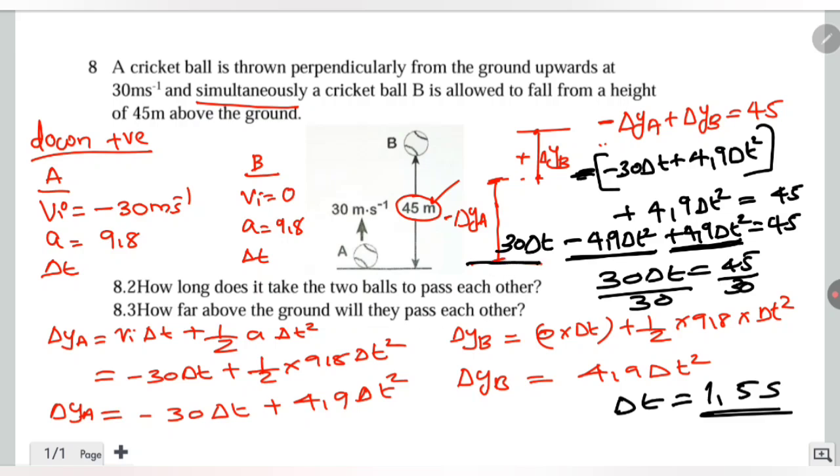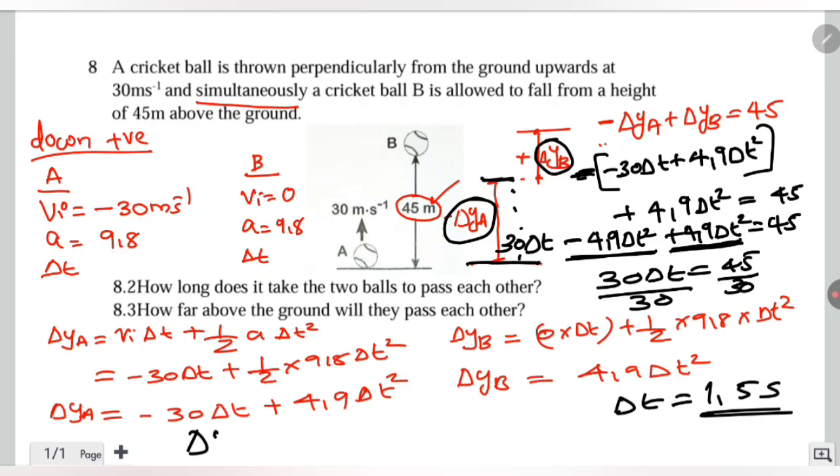This is the ground, and this is where they pass each other. How far above the ground means you are looking for delta YA, right? We already have an equation for delta YA, so substitute in that. If you calculate delta YB, no problem, but we are still looking for this distance, so 45 minus delta YB. We can do it in one step.